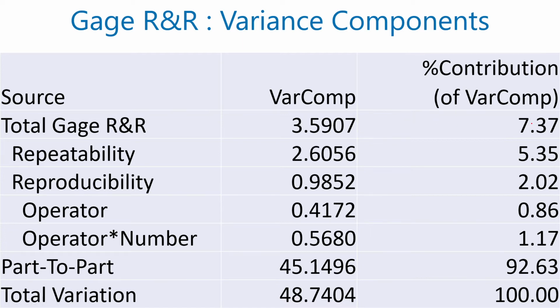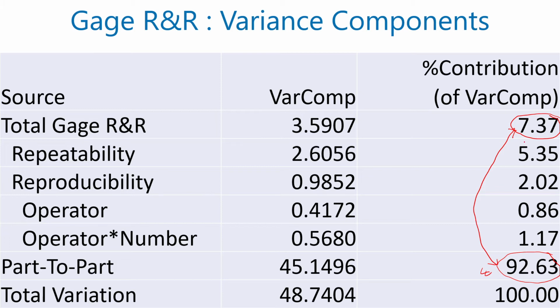For example, the variation due to the measurement system is only 7.3 or 7.4%, whereas the process variation, or part-to-part variation, is about 93%. This is what we would like to see in a gauge study, where the percent of gauge variation is much lower than the part-to-part variation.